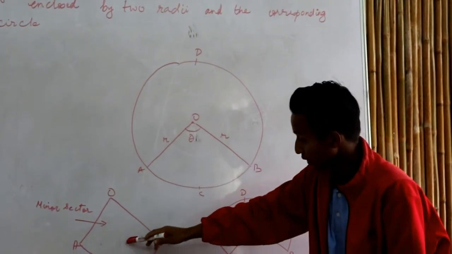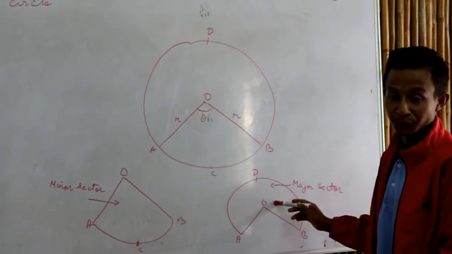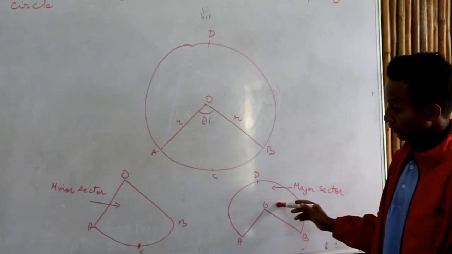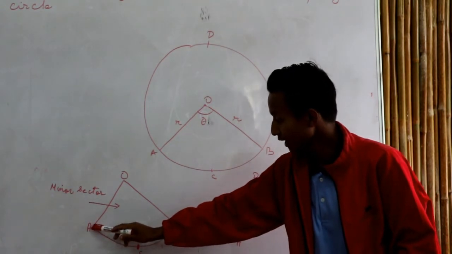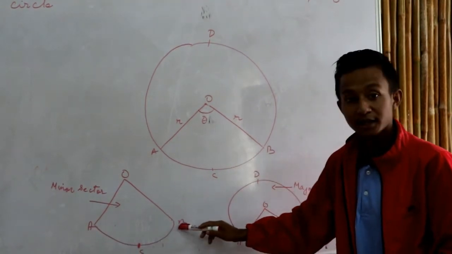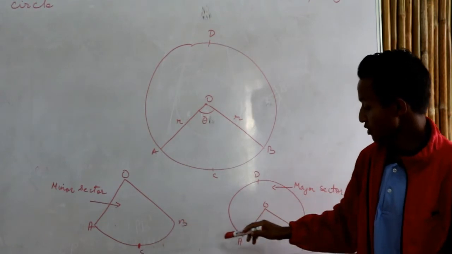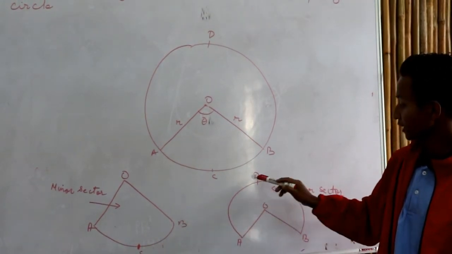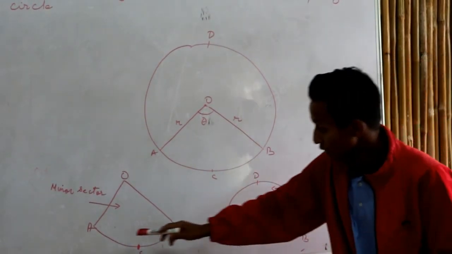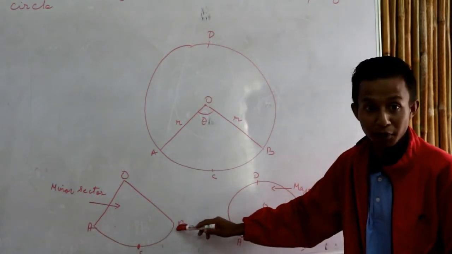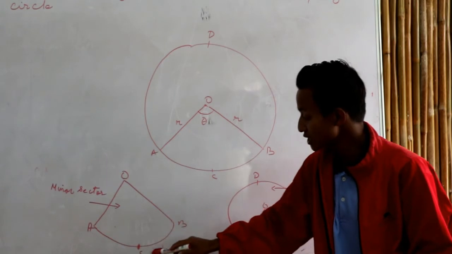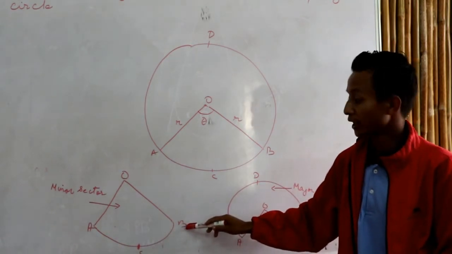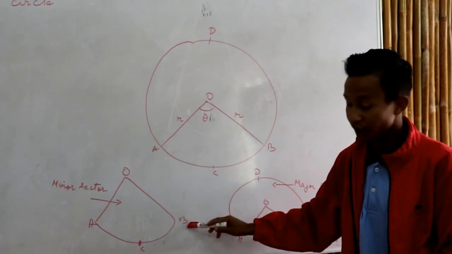As you can see, this arc ACB is smaller as compared to this arc ADB. So this arc ACB is the minor arc, and this region OACB is called the minor sector.